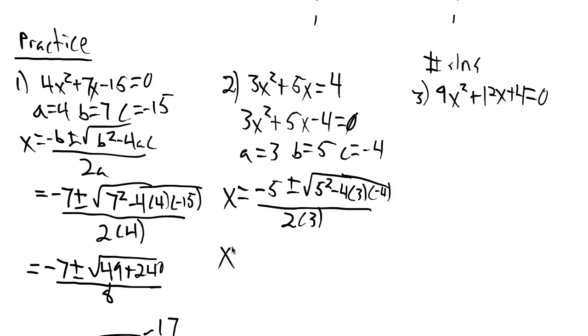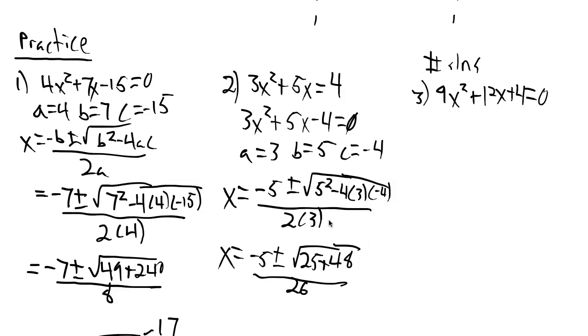Or this becomes negative 5 plus or minus the square root of 25. Negative and a negative will cancel out, so this is plus 4 times 3 times 4, which is 48, over 2 times 3 is 6. So 25 plus 48 is 73.